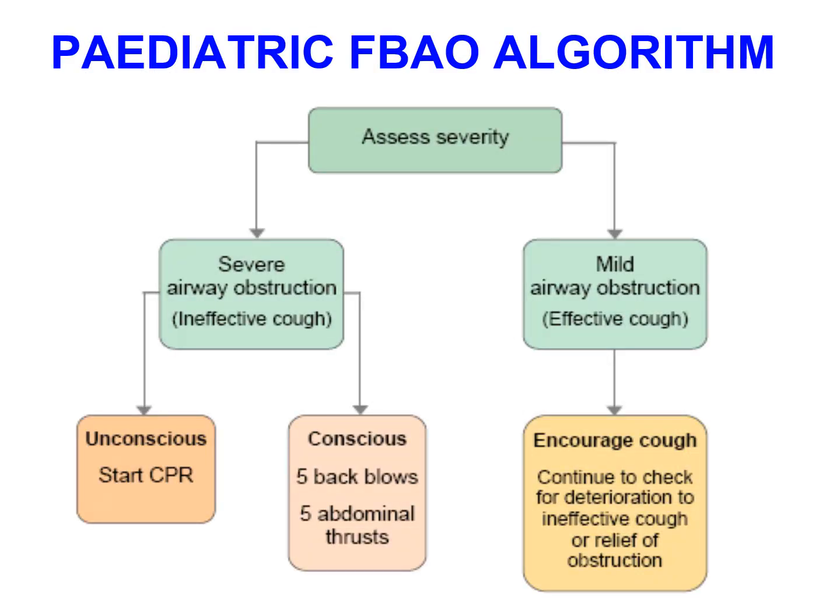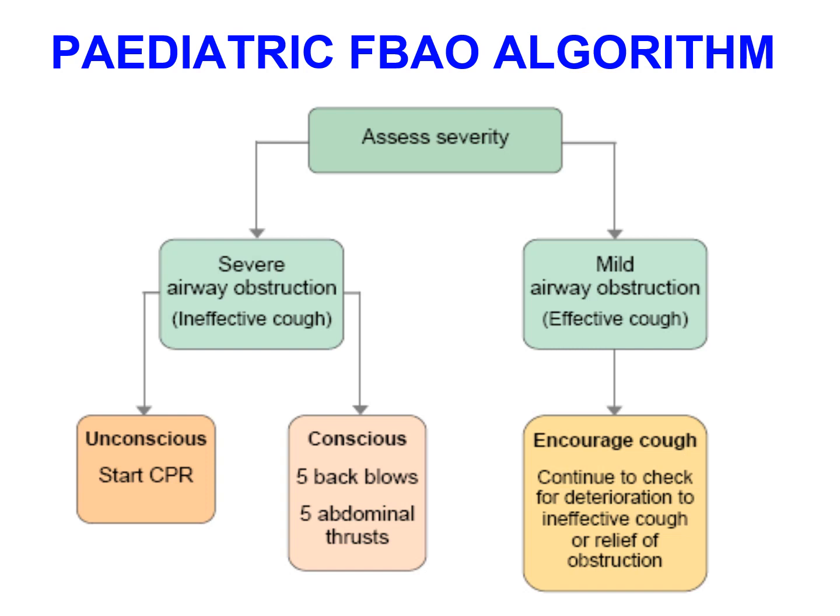The pediatric foreign body airway obstruction algorithm is just like an adult's. Number one, you want to assess the severity of the choking. If you decide that the choking is a severe airway obstruction, evidenced by an ineffective or weak cough, severe respiratory distress, or the child can barely speak, then you determine the child's conscious level.